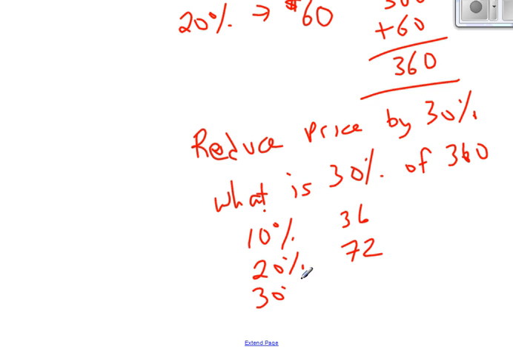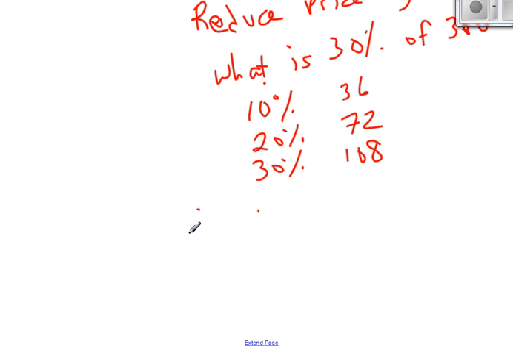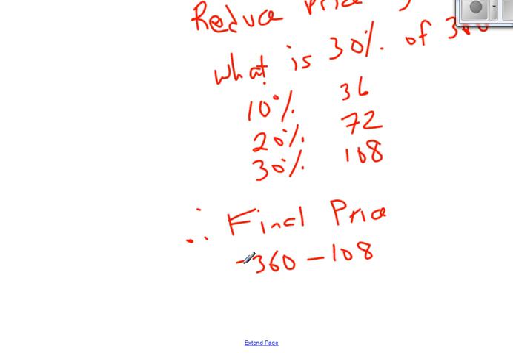For 30%, add another 36. So every 10% is another $36. So 30% of 360 would be 108. And so the final price would be $360 minus the discount of 108, and that would give me a final price of $252.